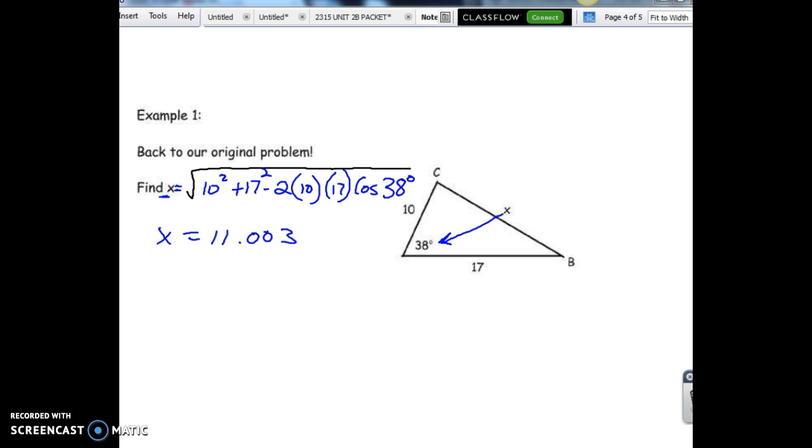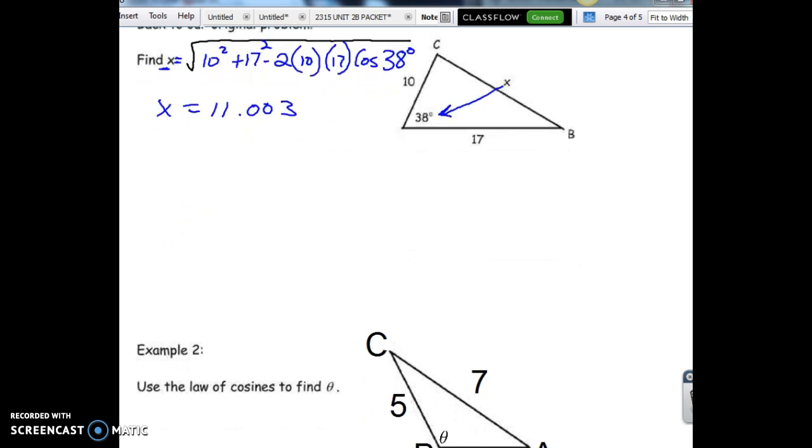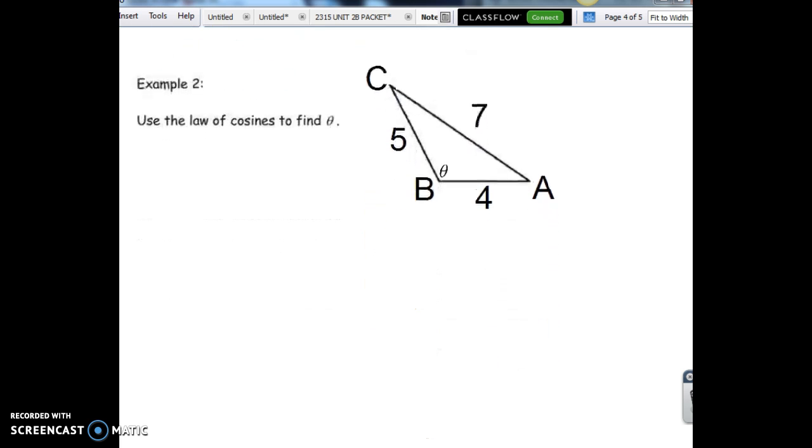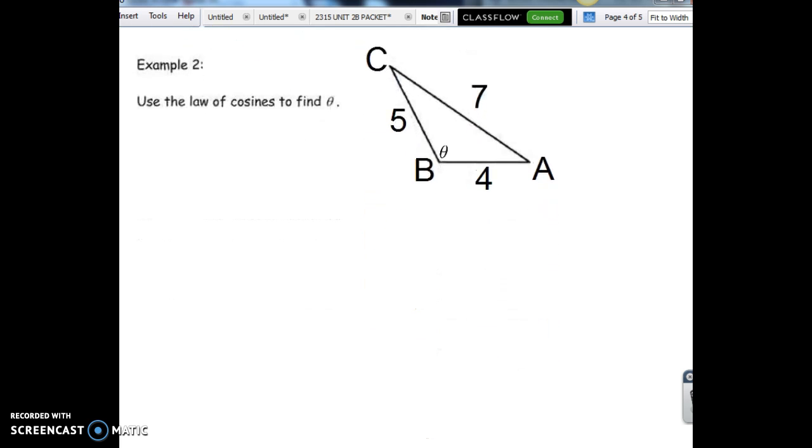So on our next page, this was the side that we found, and it's great because we can immediately punch it right into the calculator. So we come down to this problem, and as you can see, this is side, side, side. We have all three sides.